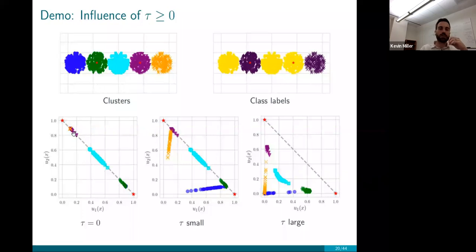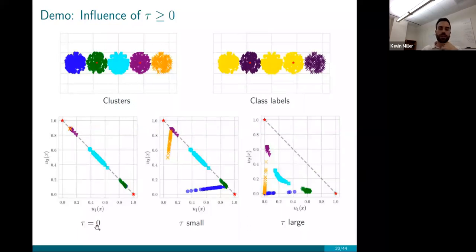And I've color coordinated markers corresponding to the different clusters up here. So the cyan cluster of points right here represents this middle cluster, and same for blue, green, violet, and orange. So when tau equals 0, all the points actually lie here on the simplex. And so minimizing the 2 norm would select points here in the middle of the simplex, which is going to correspond here to this cyan cluster.